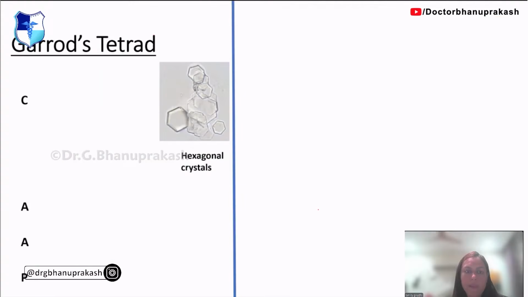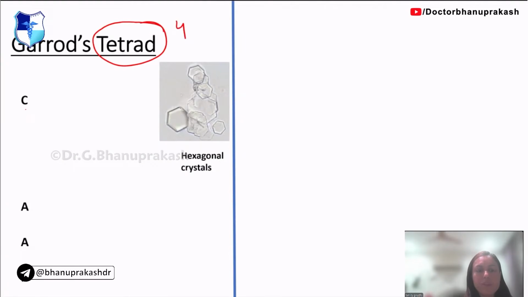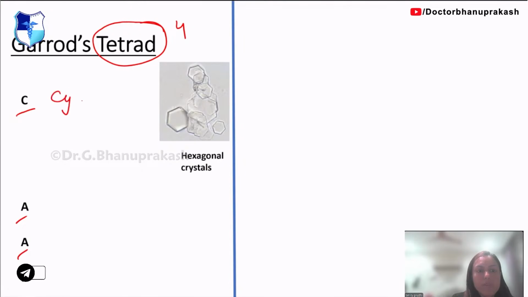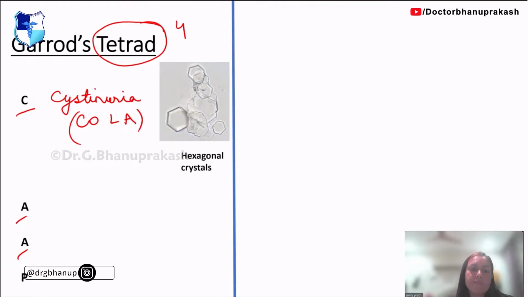Okay. Then coming to Garrod's tetrad. Garrod's tetrad, 4 diseases. The mnemonic is CAAP. C for cysteinuria. I told you COLA mnemonic. Amino acid coming in urine.